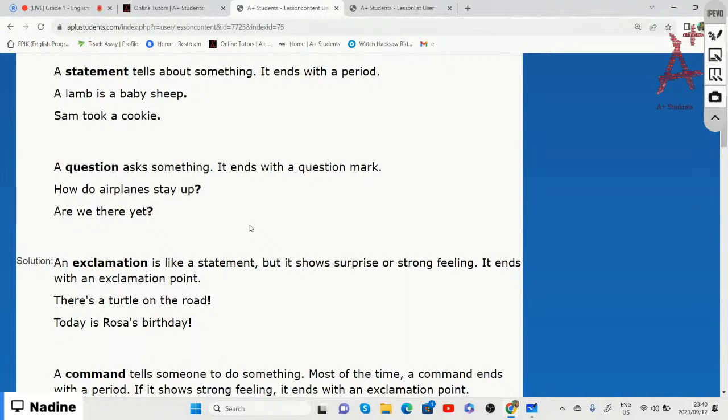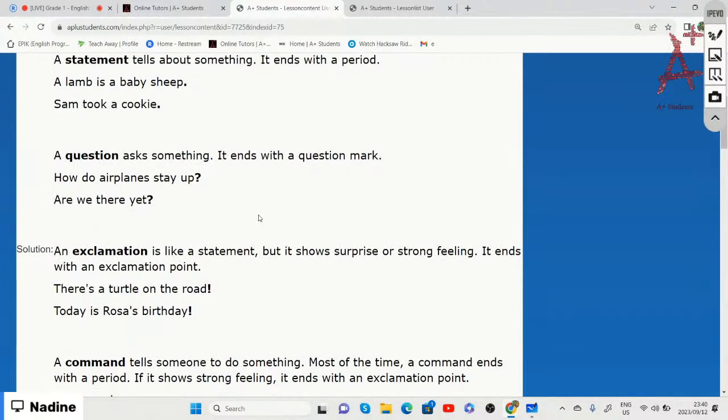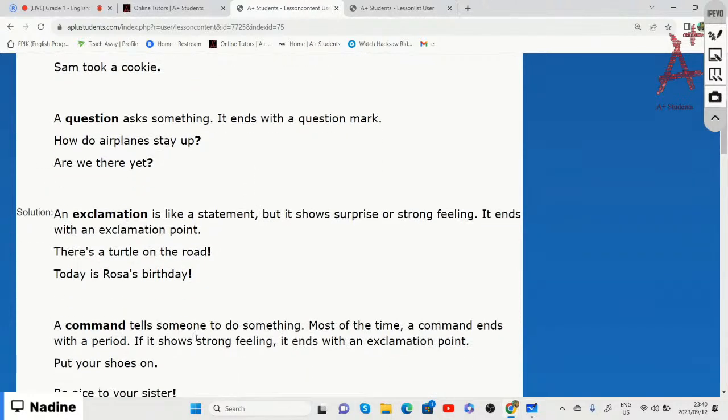And then we have an exclamation. An exclamation is like a statement, but it shows surprise or strong feelings, and it ends with an exclamation point. And then we have a command that tells someone to do something. It's like requesting someone to do something.